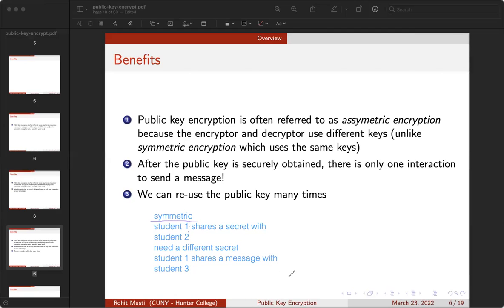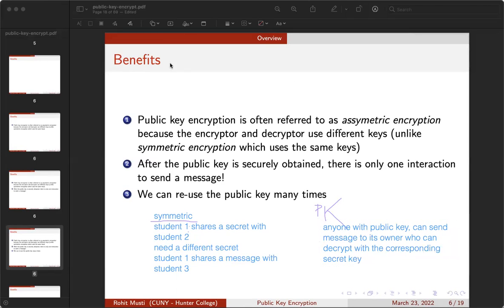However, with public key cryptography, anyone with the public key can send a message to its owner, and we can decrypt with the corresponding secret key.